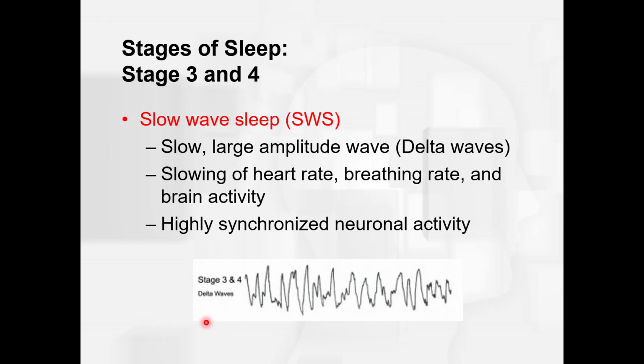Down here is showing you what those delta waves, or slow waves, look like. Again, they're slow, they're farther apart, and they have high amplitude, so amplitude is going up and down.